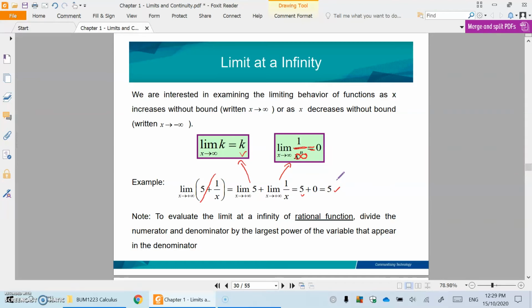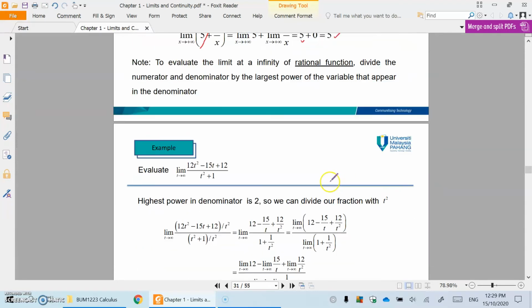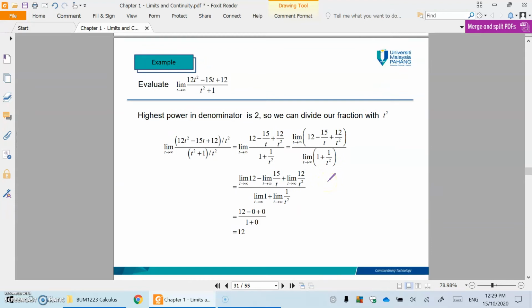So in order to evaluate the limit, especially on a rational function, firstly we divide the numerator and denominator by the largest power of the variable that appears in the denominator. For example, evaluate the limit of 12t squared minus 15t plus 12 divided by t squared plus 1.